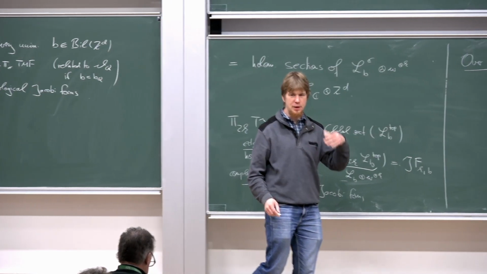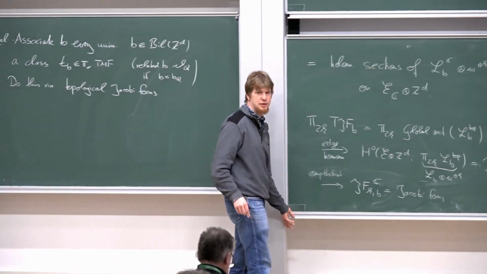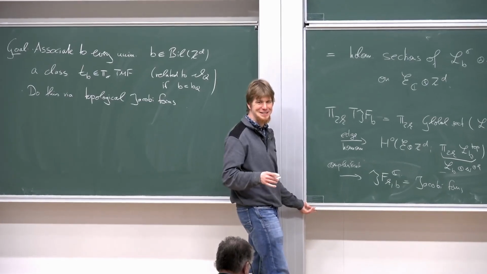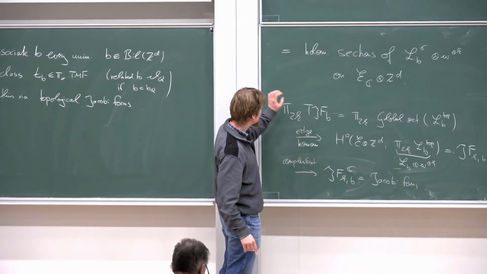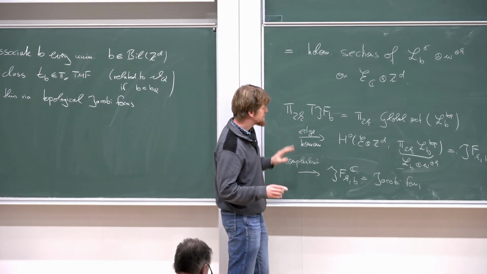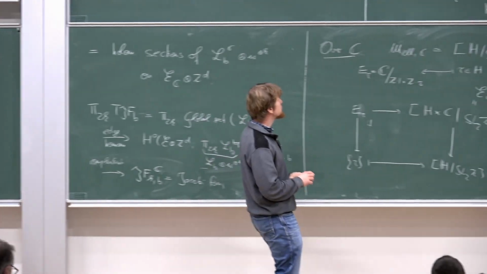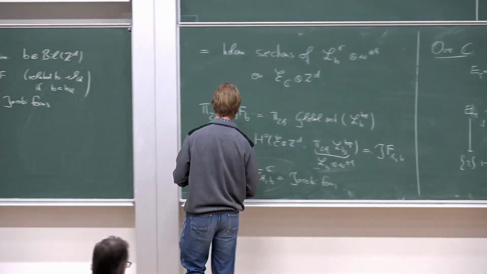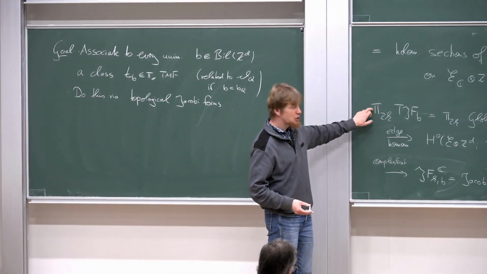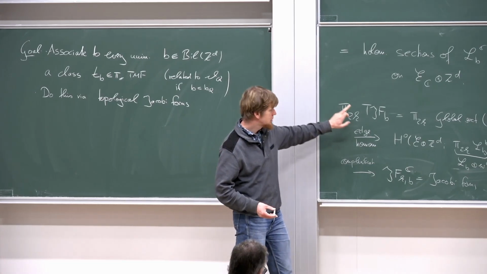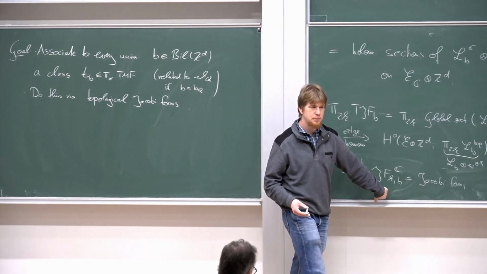There's a certain step to go from algebraic to holomorphic, but going from algebraic to holomorphic is the easy direction. So that's good. So I get a map. Maybe this was all too many indices and superscripts, but the upshot is I can go from topological Jacobi forms to usual Jacobi forms.